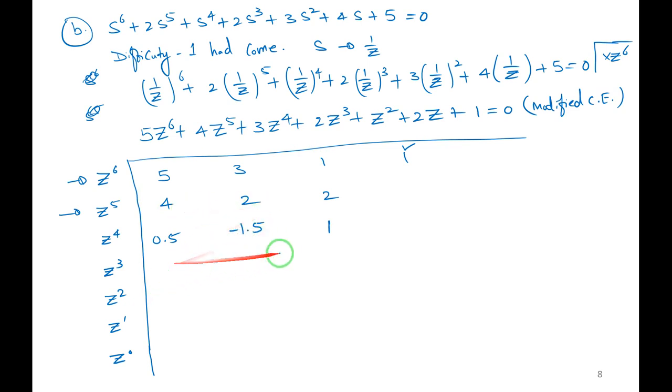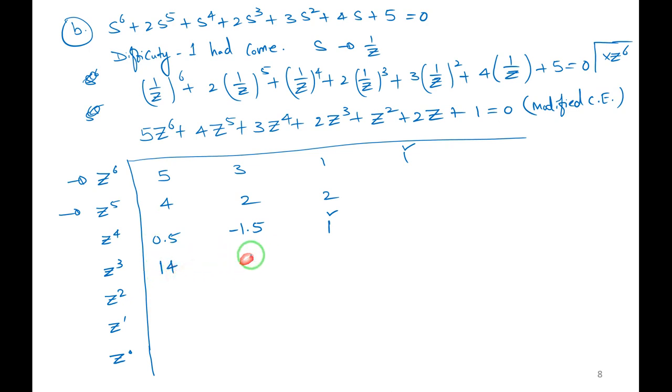3 elements, the next 2 elements. Put a tick mark here. Calculate this element: 0.5 into 2 minus 4 into minus 1.5, so 7, divided by 0.5, I am getting 14 here.